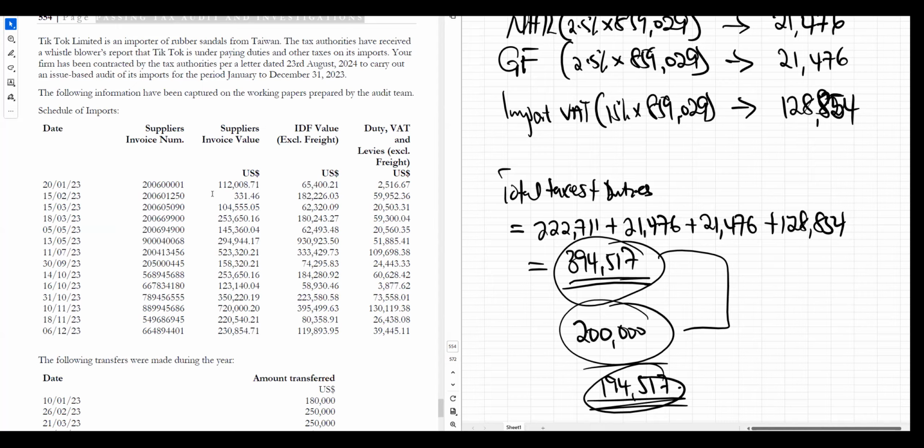Your firm has been contracted by the tax authorities, per a letter dated 23rd August 2024, to carry out an issue-based audit of its imports for the period January to December 31st, 2023. The following information has been captured on the working papers prepared by the audit team. Then we have the schedule of imports in the table.